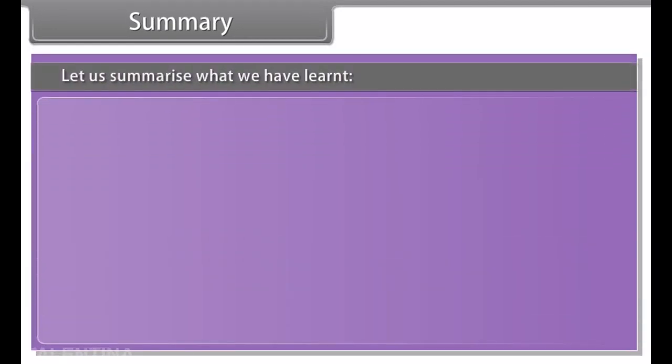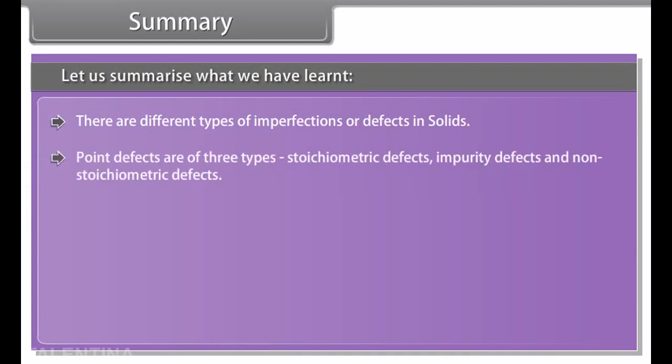Summary. Let us summarize what we have learned. There are different types of imperfections or defects in solids. Point defects are of three types: stoichiometric defects, impurity defects, and non-stoichiometric defects.